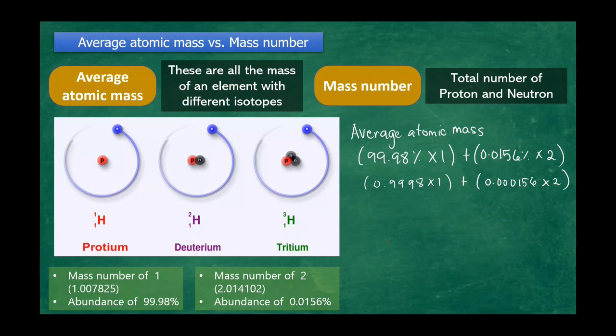We just convert the percent to decimal by moving 2 decimal places to the left. So compute, and what is the answer? What will be the average atomic mass?